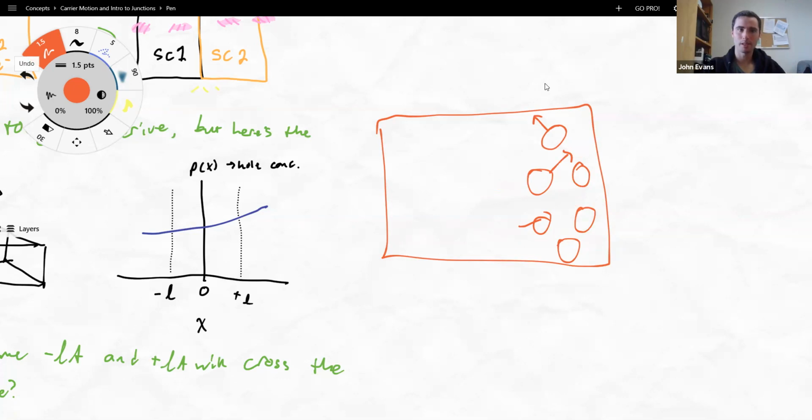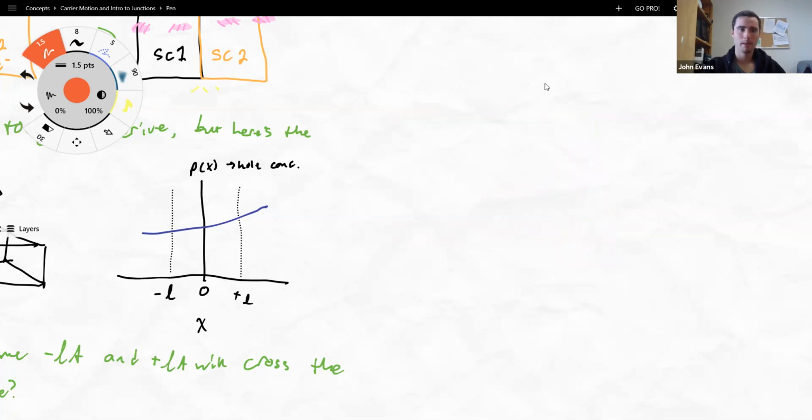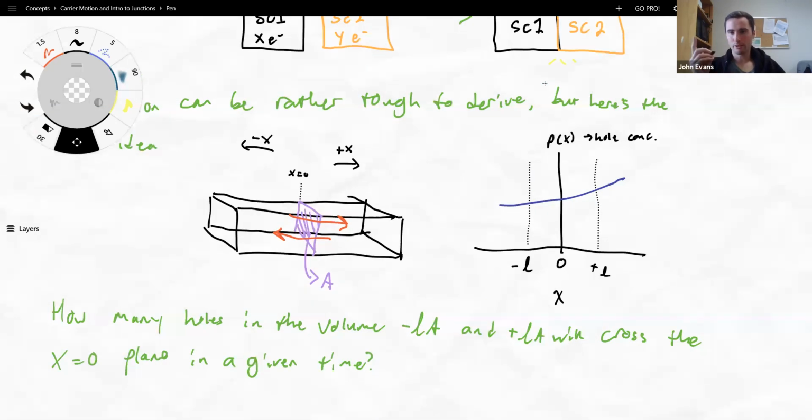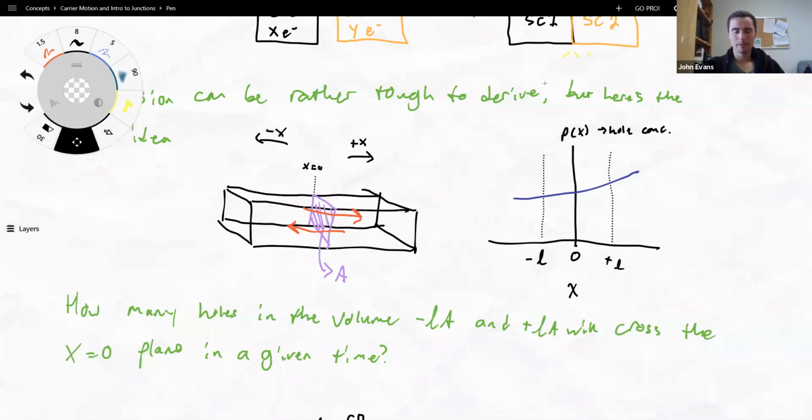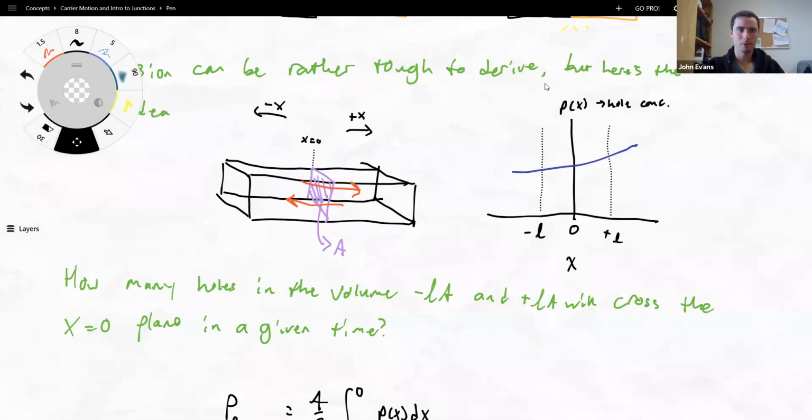So that's the system we're thinking about. We have more electrons on one side than the other, so it's going to be easier for them to go from one side to the other because they're going to scatter less. The concentration gradient is going to help out as well. So the question we're going to ask, like I said before, is how many holes in the volume, negative L times the area of this plane, and positive L times the area of the plane will cross that spot in a given time.